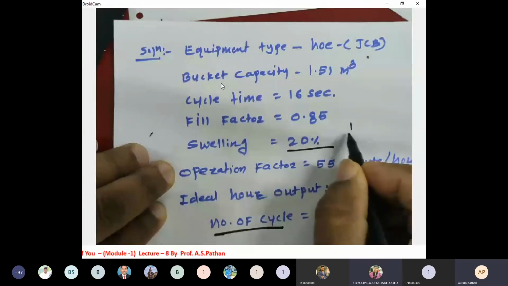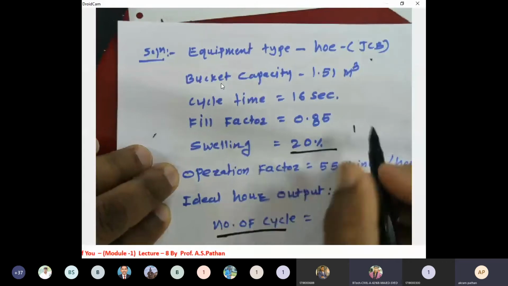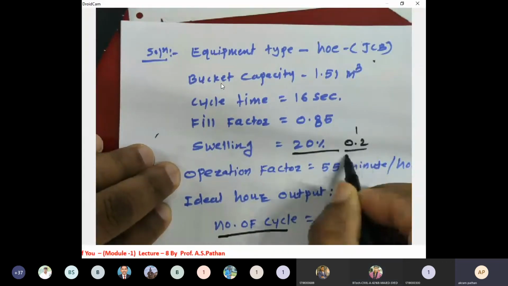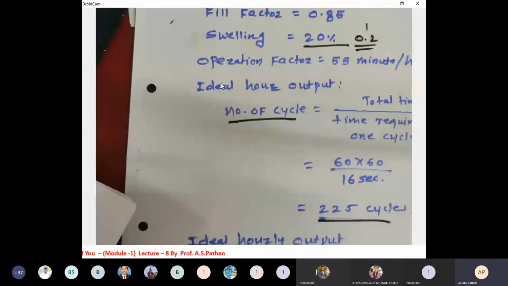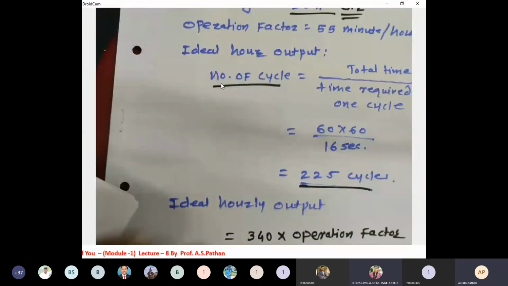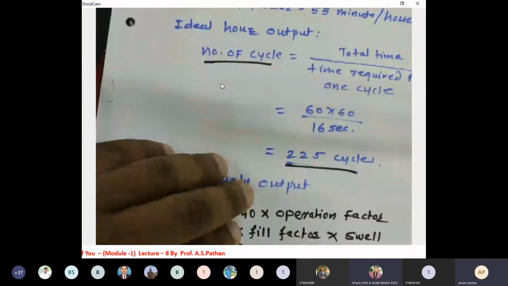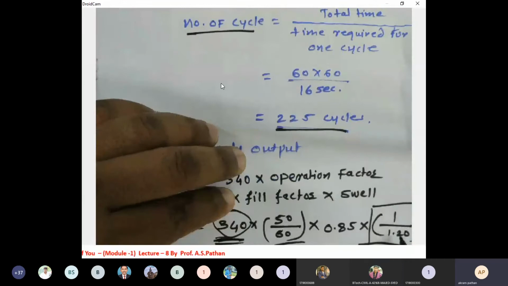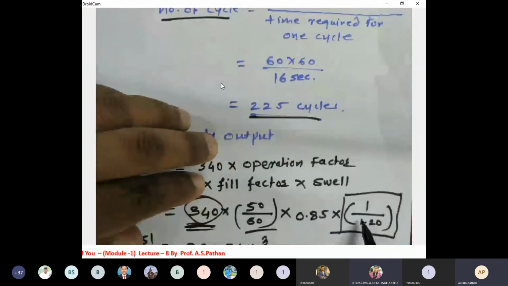see, 20% means 0.2. So we need to take this 0.2. Okay, yes, this is somewhere wrong.